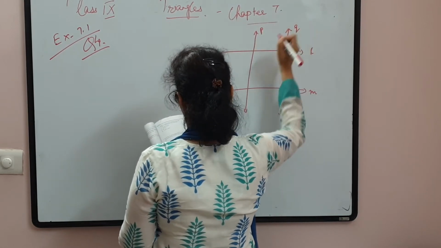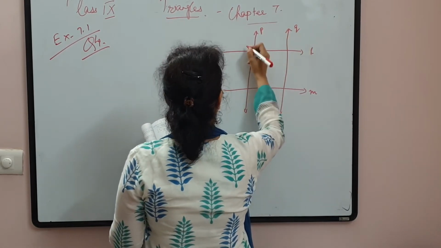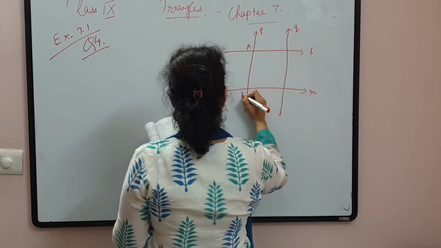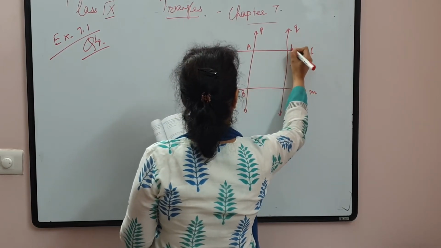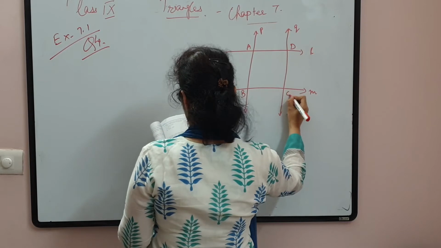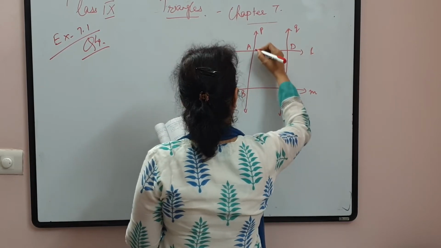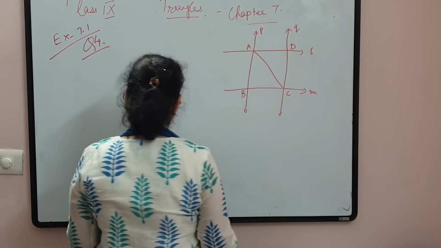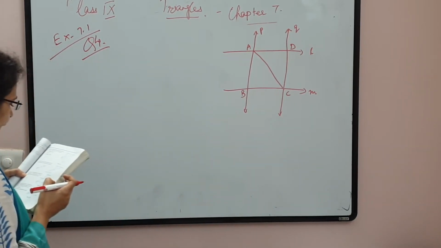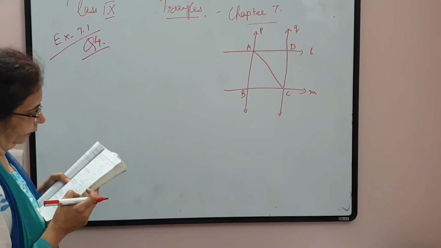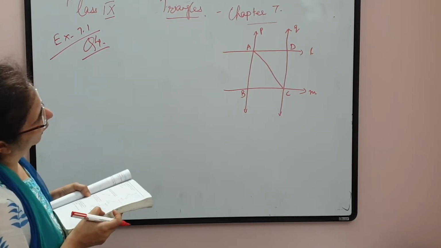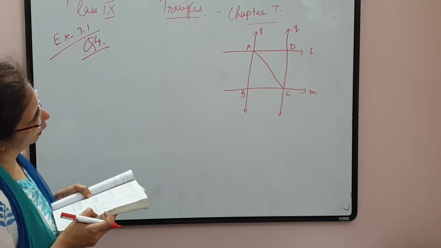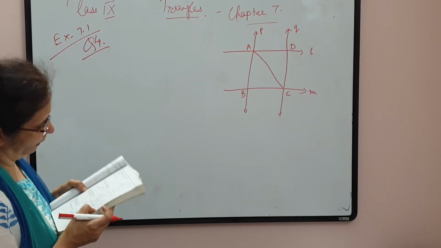P and Q. A, B, D, C. This is a diagram. Alright. L and M are two parallel lines intersected by another pair of parallel lines P and Q. So they have given L and M are parallel to each other and P, Q is another set of lines which are parallel to each other.